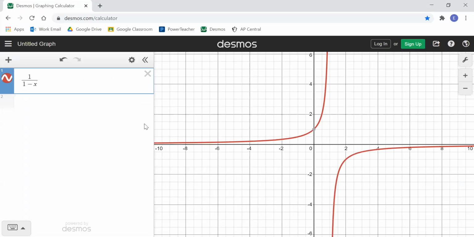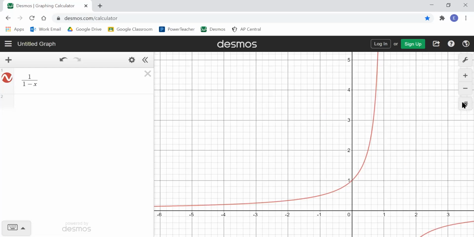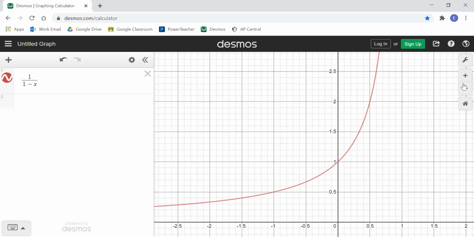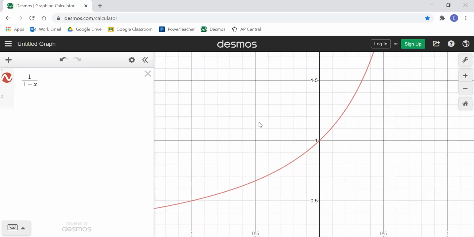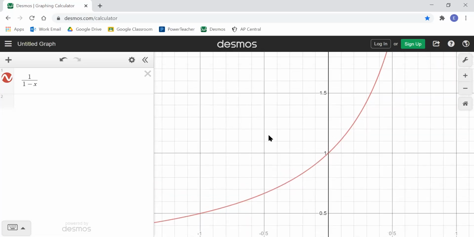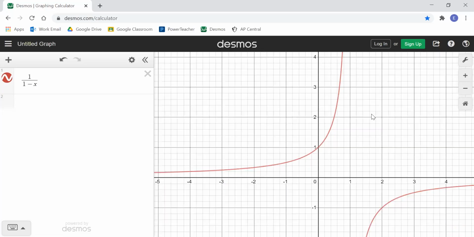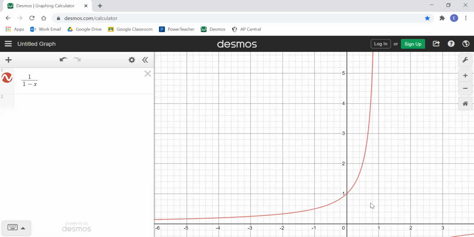You all are familiar with this function? And I really only care about it between -1 and 1. I'd like to get up closer to 1. Let's just look at it like this. That'll be fine. -1 to 1.